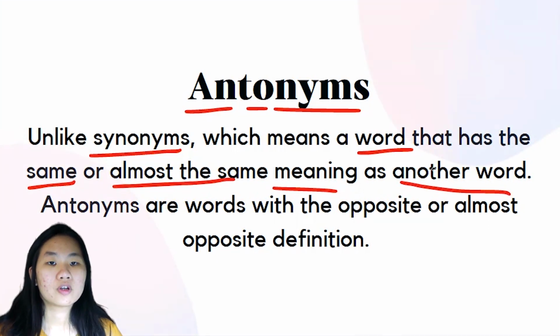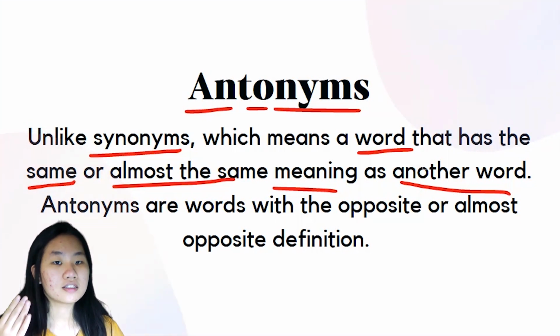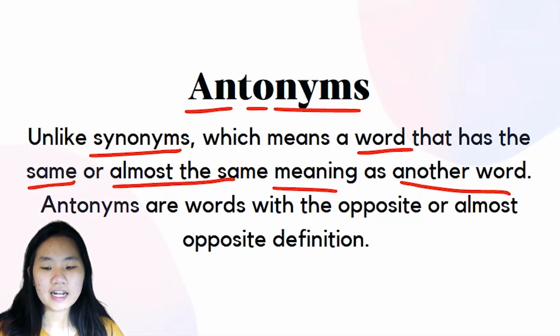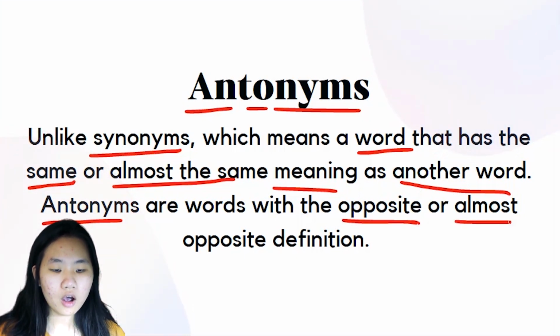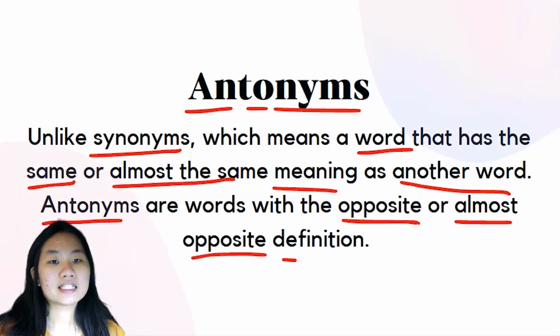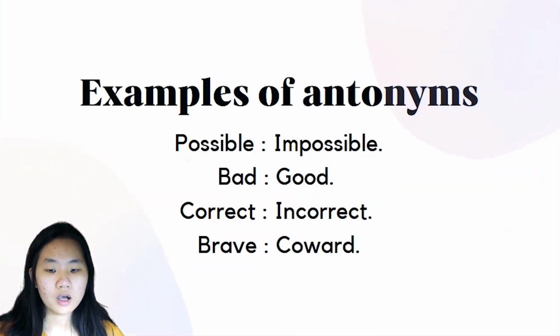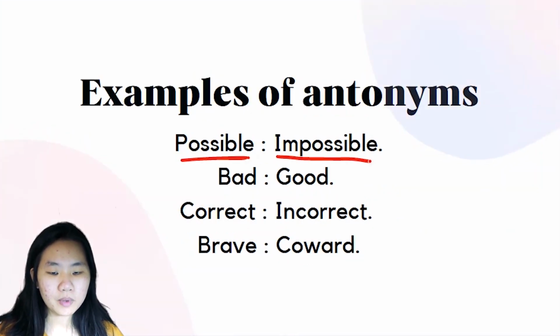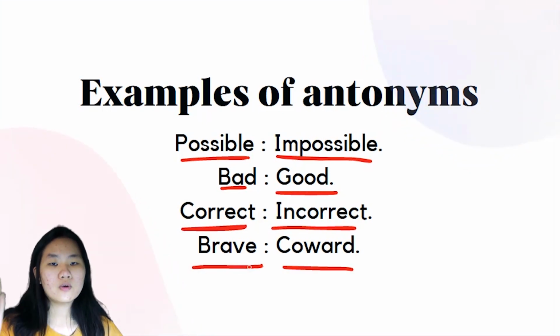For example, pretty, beautiful, hard, solid. And antonyms are words with the opposite or almost opposite definition or meaning. For examples, possible, impossible, bad, good, correct, incorrect, brave, coward, and so on and so forth.